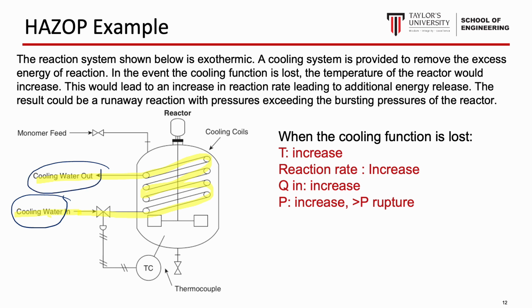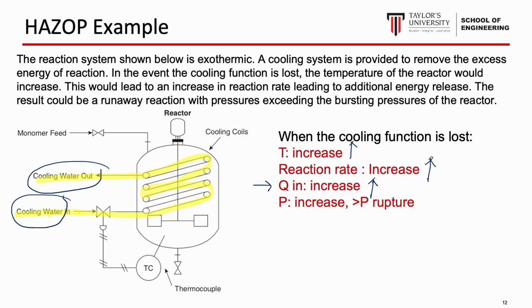Okay, so when this cooling function is lost, first your temperature goes up, your reaction rate will go up because of the temperature going up, and so your energy in basically increases because of the exothermic reaction.